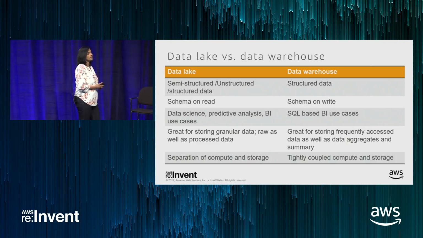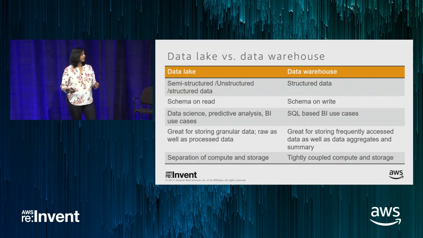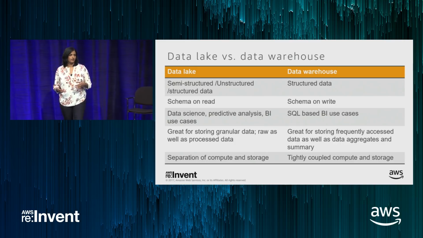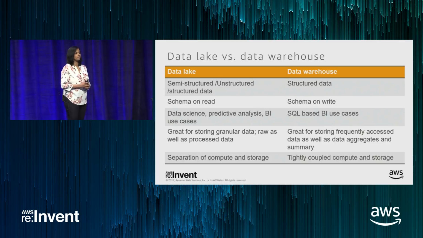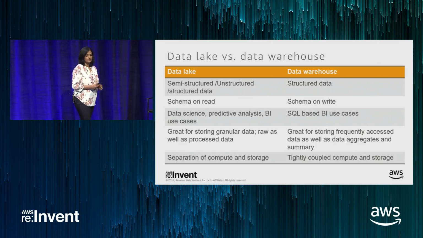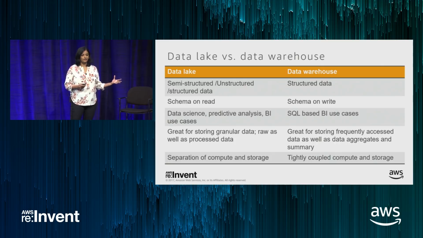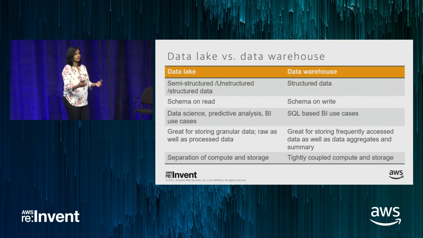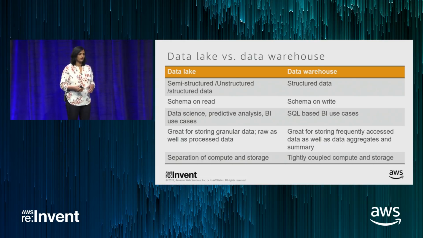It provides you the ability to apply schema on read, and it supports a variety of different use cases, from data science to BI, to just ad hoc analysis. It helps you store granular data as well as process data, and it helps you scale your storage without really scaling your compute. So it provides you the separation of compute and storage.